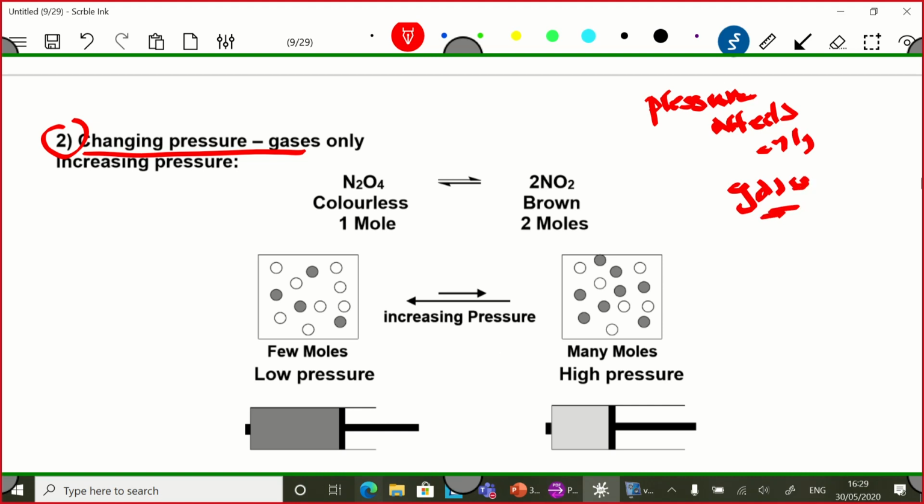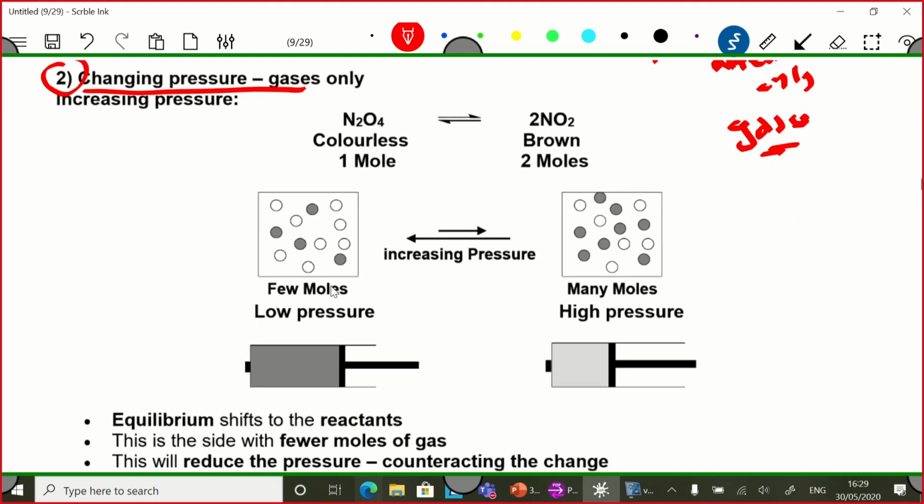Okay, so if you have a reaction with a solid or liquids, the pressure does not affect the liquids or the solids. The rule we're going to learn here is that if you increase the pressure, the reaction will be shifted to the side with the fewer number of moles, and we're talking about the gaseous moles.